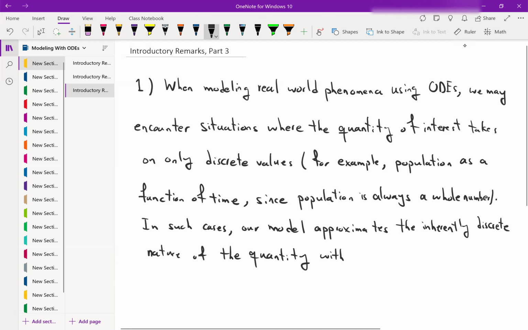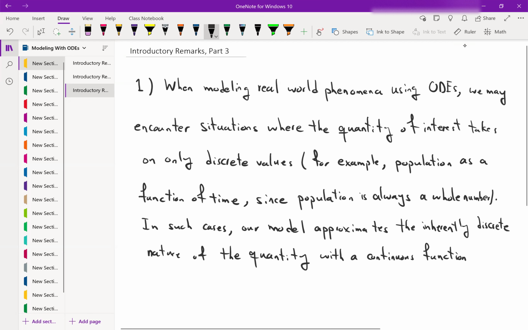As a matter of fact, with a differentiable function, with a continuous function. For the sake of simplicity and mathematical tractability, right?